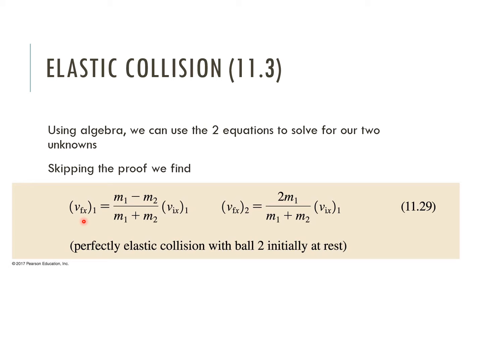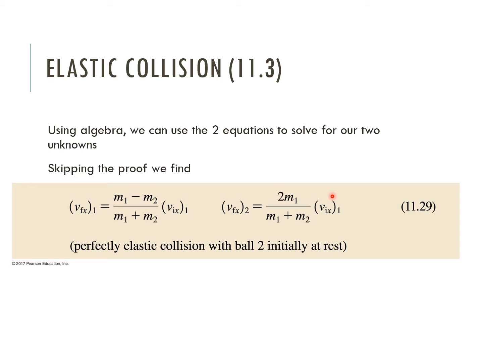To find the final velocity in the x direction for object 1, we take the mass of object 1 minus the mass of object 2, divided by the mass of object 1 plus the mass of object 2, times the initial velocity of object 1. To find the final velocity of object 2, we'd have 2 times the mass of object 1, divided by the mass of object 1 plus the mass of object 2, times the initial velocity of object 1, not just squared.